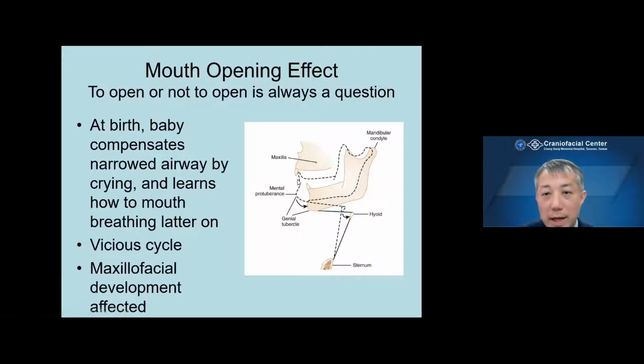When the mandible relaxes, it goes backward and downward, so all the muscle tone here is decreased. So there's a vicious cycle, because during sleep we need our muscle tone to mold our skeleton to grow. When the muscle tone decreases, the mandible will grow smaller and smaller, and a smaller mandible will result in a smaller pharyngeal airway.